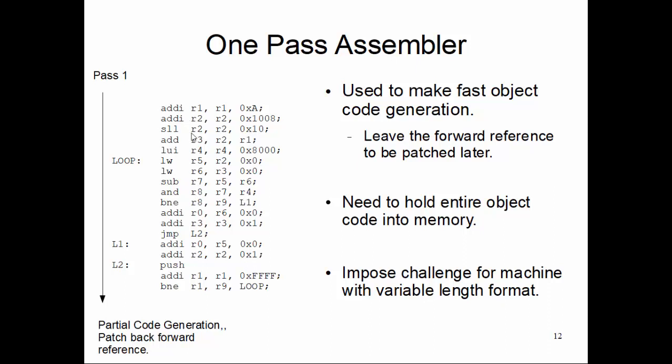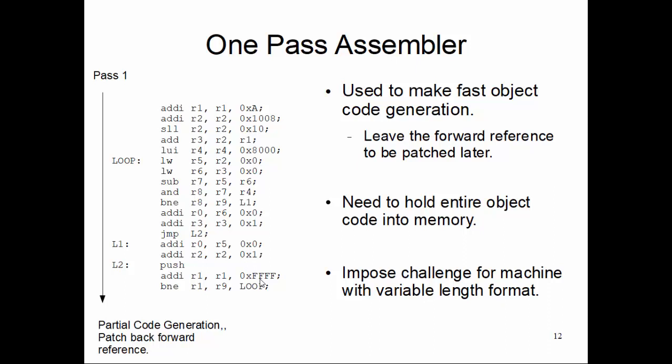So we can solve the problem by holding everything in memory until we are done with the entire code conversion, and once we are done, the whole memory with all the machine codes is written back into the disk.